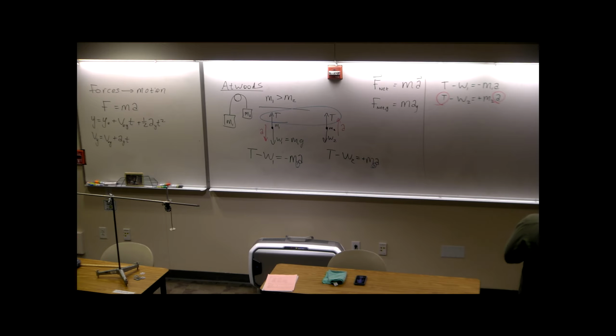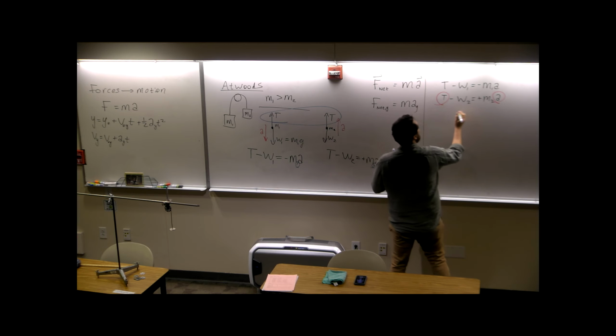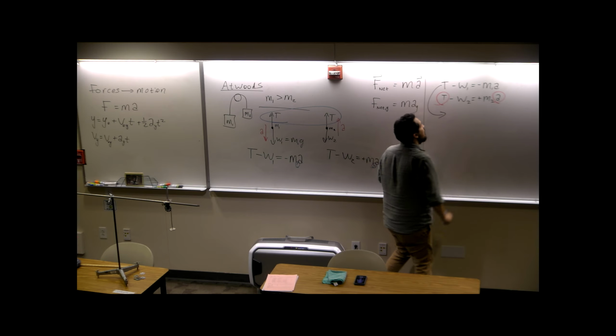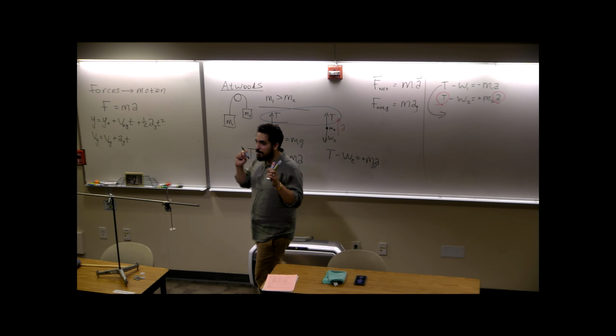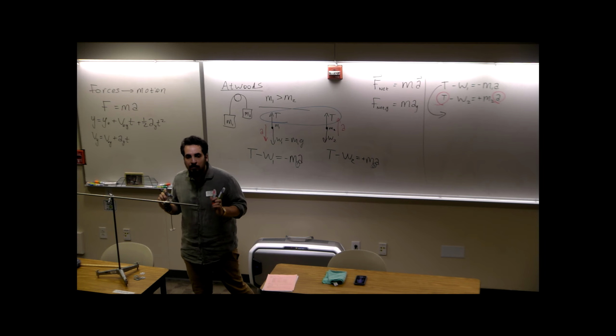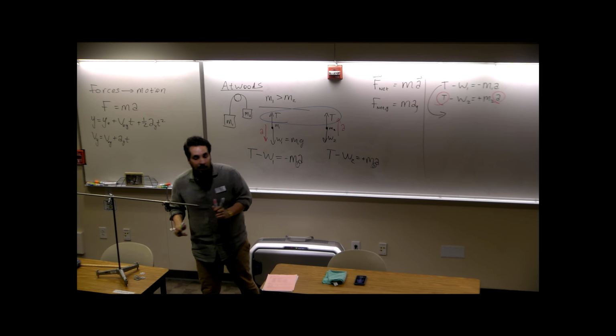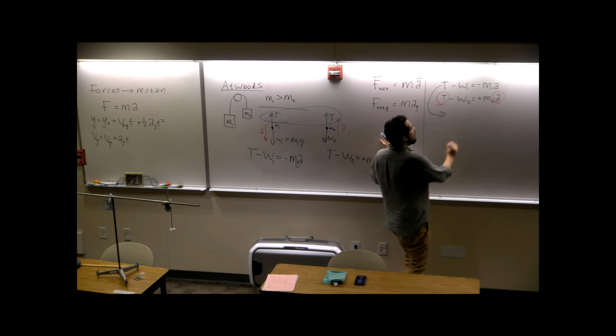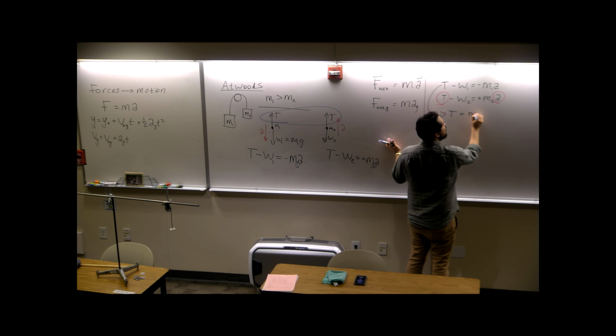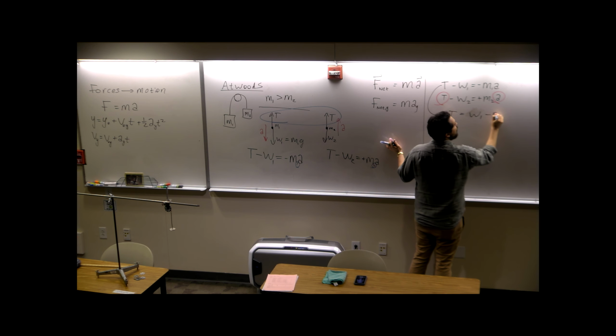So, I want to algebraically remove this tension force from these equations. How do I do that? Well, I do that by first solving one of these equations. Weight 1 minus M1A.